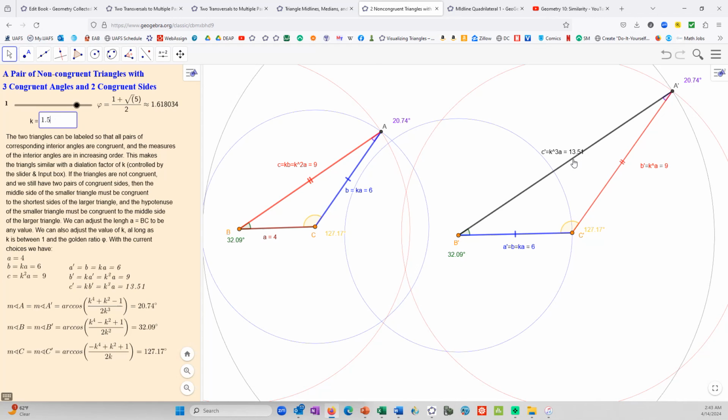The last side here is 1.5 times the 9, so it should be 13.5.